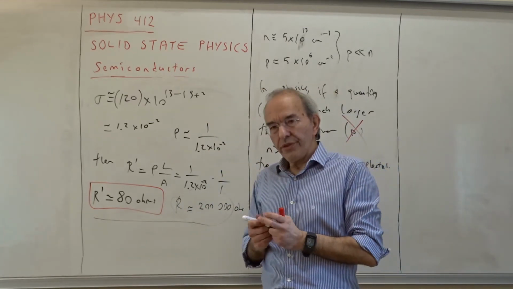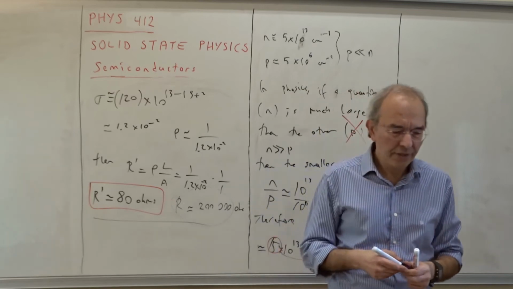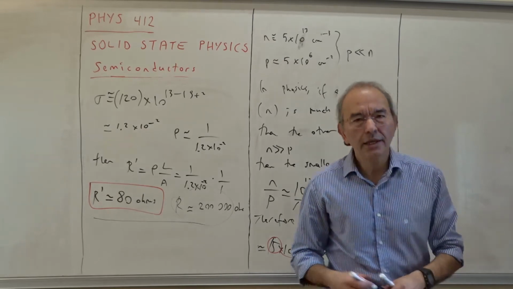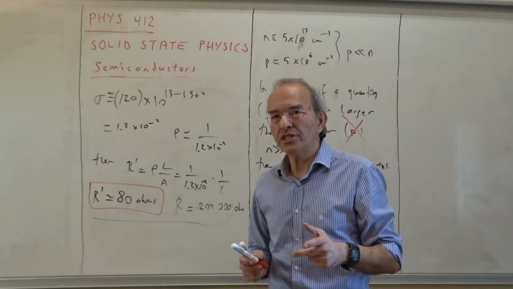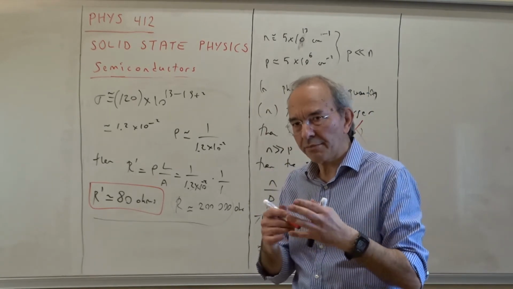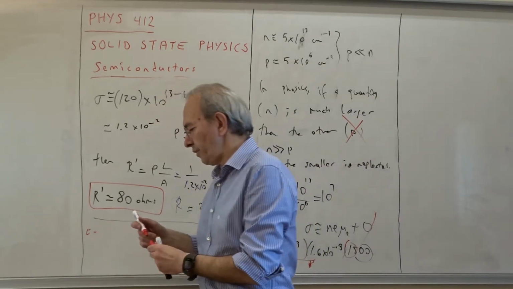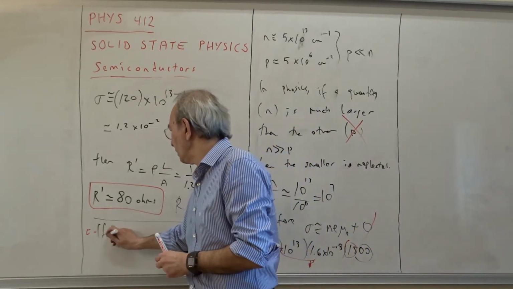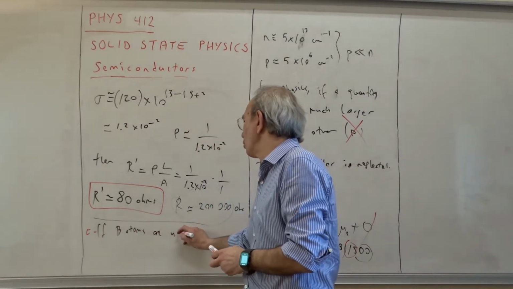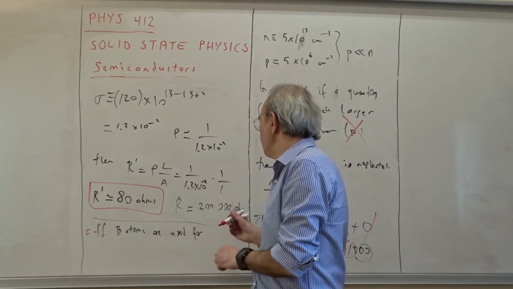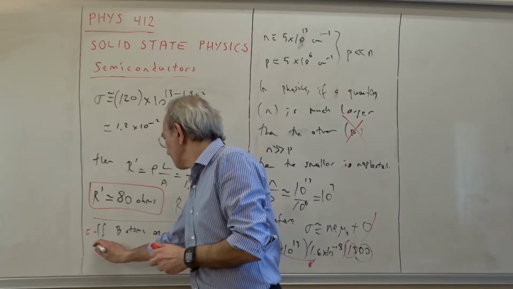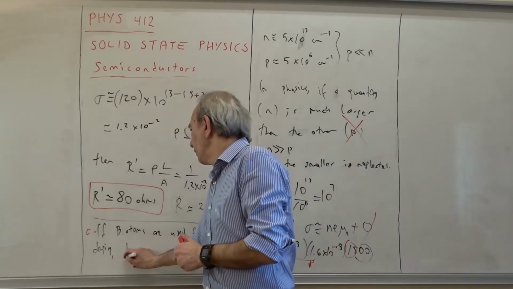Alright, now what is the difference between part B and C? There is a third part in this problem where you make a p-type doping. In the case of p-type doping, the only change is in the mobility. Part C. The other parts are made by the same idea. If it's a p-type doping, if some boron atoms are used for p-type doping instead of an n-type, then what happens?